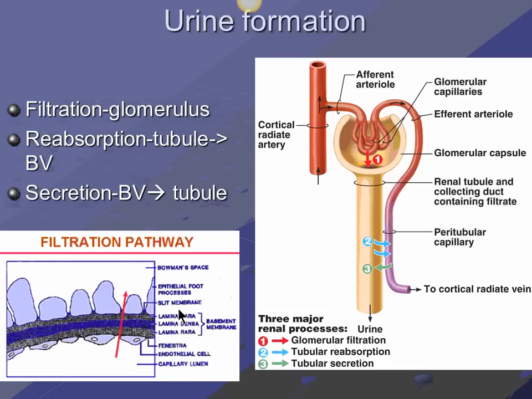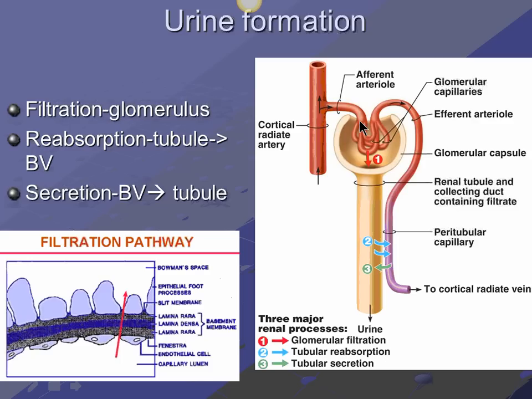So let's see the three main processes which take part in urine formation. We just saw that in the first slide. There was filtration, which occurs at the glomerulus. You remember when we did anatomy, this was the cortical radiate, also known as the interlobular artery.